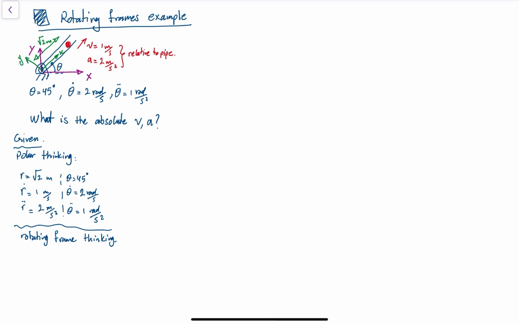So as the pipe turns, this little xy frame turns with it, and x is always pointing to the location of the ball. So with these two frames, I can write the vectors of my velocities and accelerations and everything.